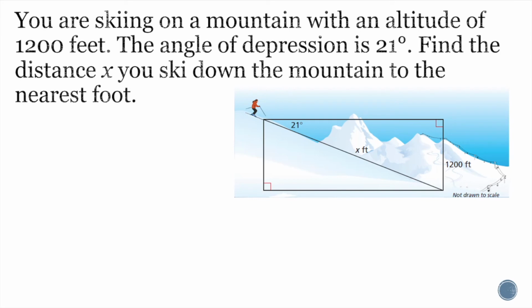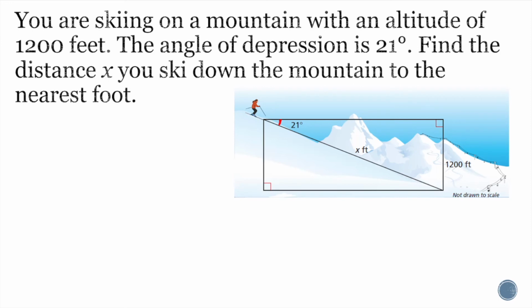So we're going down a ski slope. The angle of depression, from the point sloping down, is 21 degrees. I know that the altitude is 1,200 feet, and I want to find out the distance traveled by my skier.